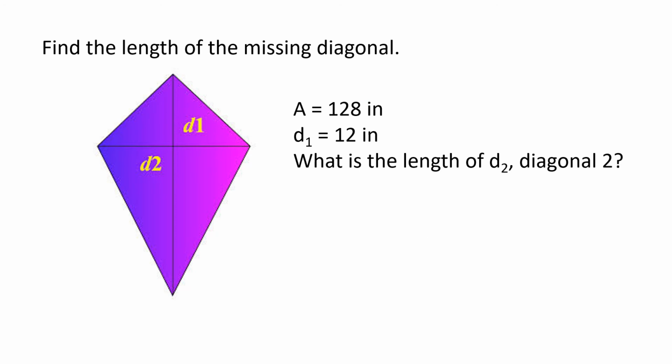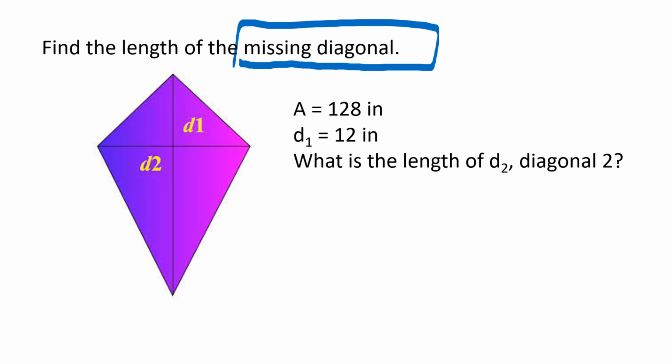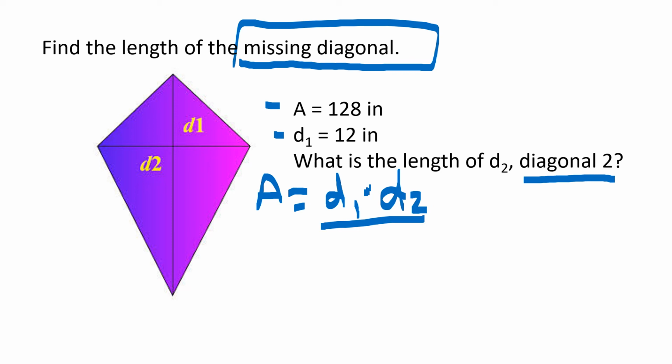Now this last kite, we want to find the length of the missing diagonal. We're given the area, we're given one of the diagonals, but we want to find the other diagonal. So we're still going to use the formula that area is equal to diagonal 1 times diagonal 2, all divided by 2.